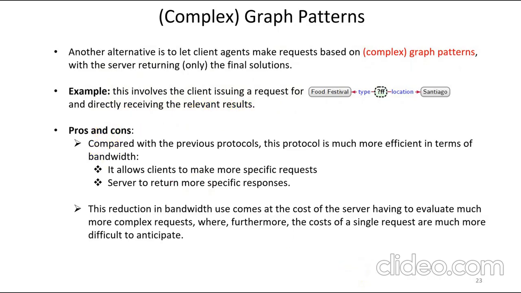Compared with the previous protocols, this protocol is much more efficient in terms of bandwidth. It allows clients to make more specific requests and servers to return more specific responses. However, this reduction in bandwidth use comes at the cost of the server having to evaluate much more complex requests, where furthermore the cost of single requests is much more difficult to anticipate.